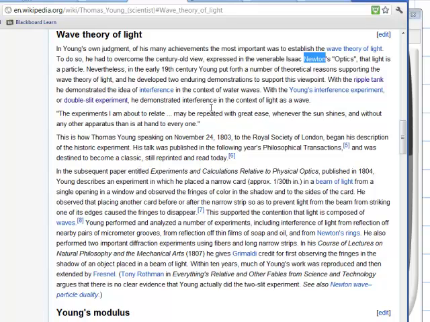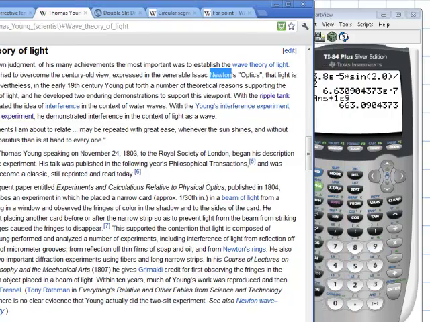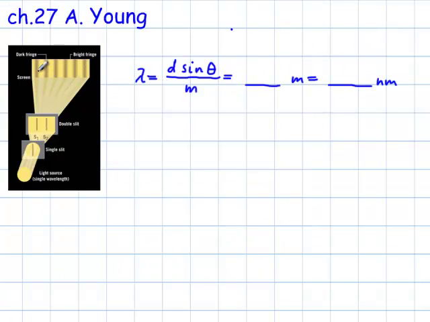So he showed with this double slit experiment that the only way you get the outcome, these dark and light fringes, some kind of interference, is if in this experiment light is a wave.